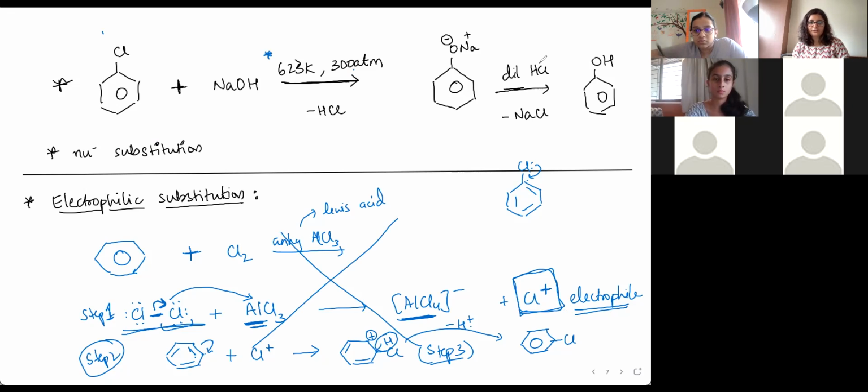Okay, so you guys have noted down this reaction? One minute. Once you're done with this, note down electrophilic substitution only for haloarenes. So haloalkanes undergo nucleophilic substitution, haloarenes undergo electrophilic substitution.